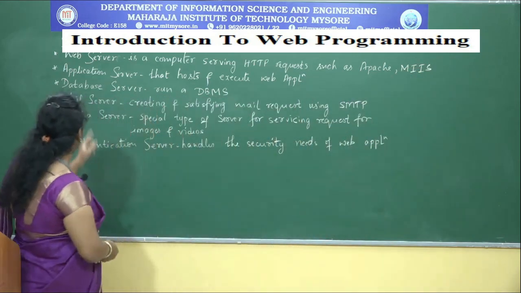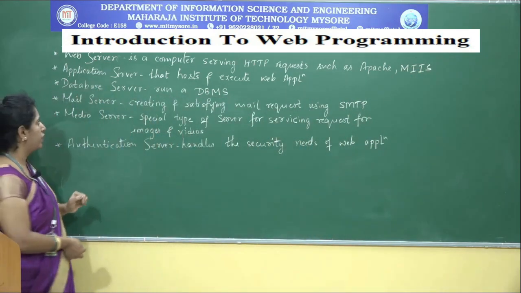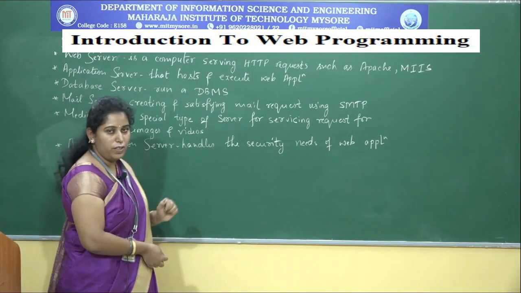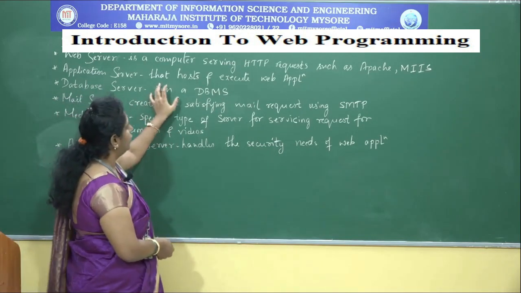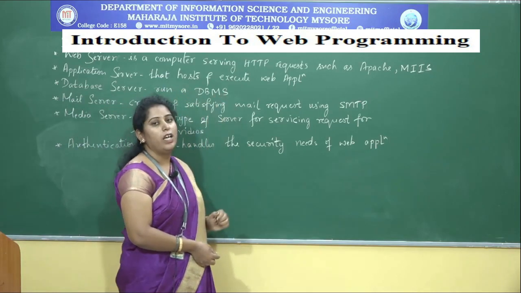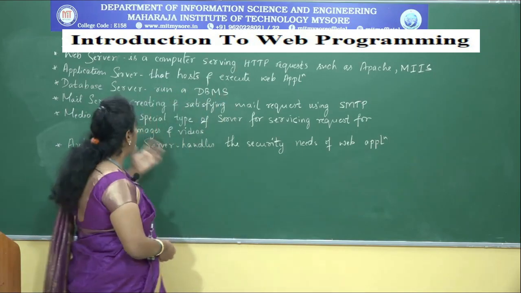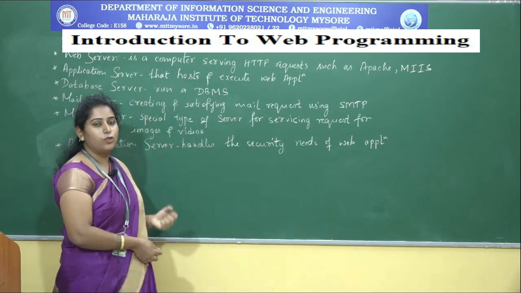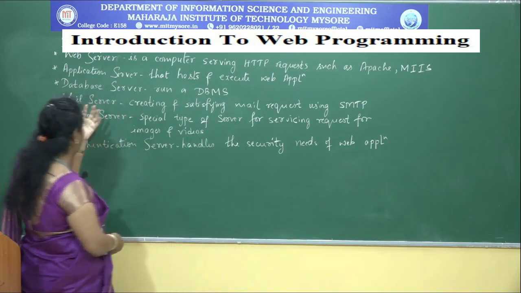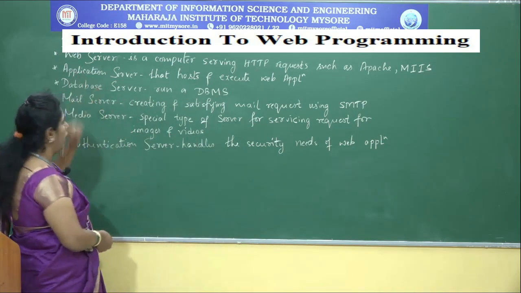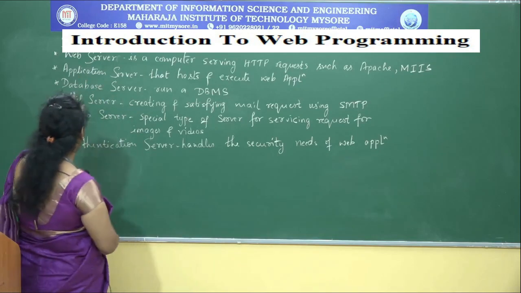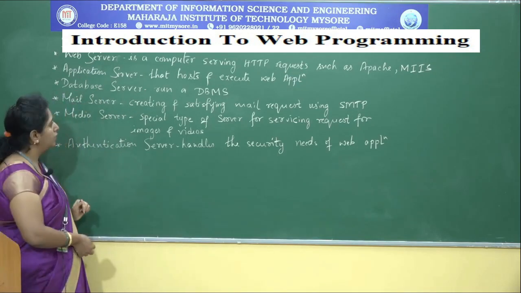Next is the application server. This application server is a type of computer that hosts and executes web applications, so any activities related to web applications are handled by the application server. Next is the database server.